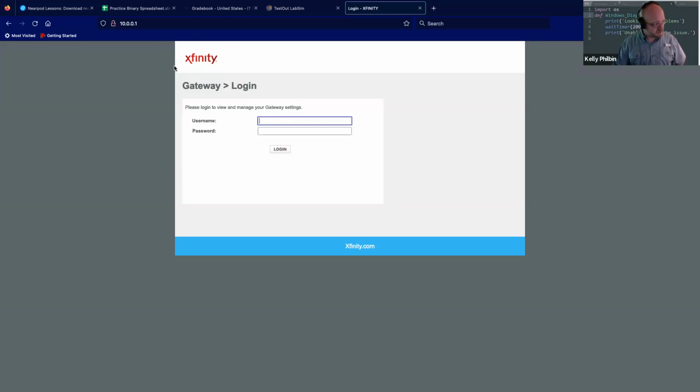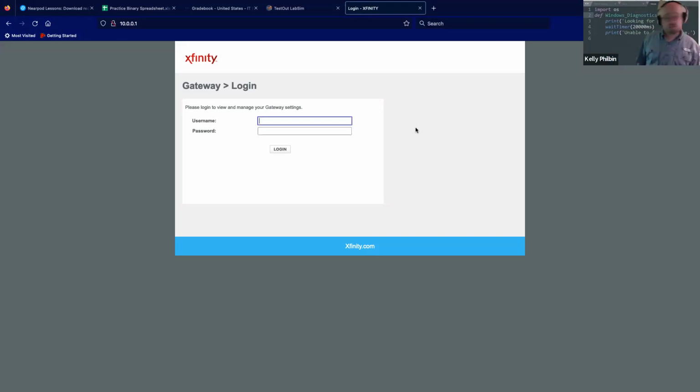I know mine's an Xfinity, and Xfinity tends to reuse the same kind of password over and over again. I could go to that website I'm going to give you and type in the generic username, which is something like admin or administrator, and the password is probably just password to start with. Then you log in and you can change your admin sign-in and password.